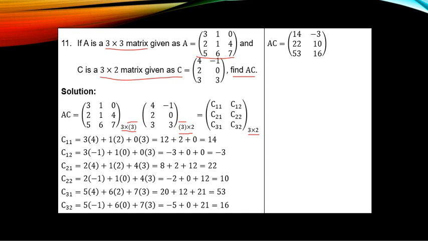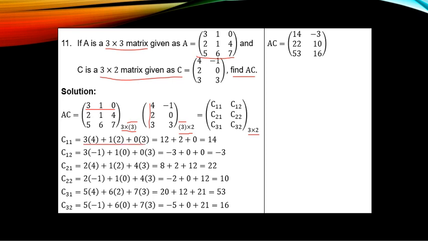That is C11, C12, C21, C22, C31, C32. So you look for C11. To get C11, the first row of the first matrix multiplies the first column of the second matrix, element by element, then you add. That is 3 times 4, 1 times 2, 0 times 3.